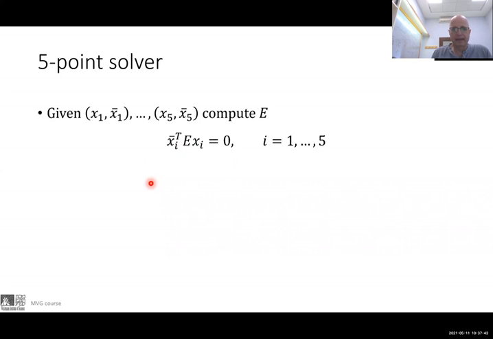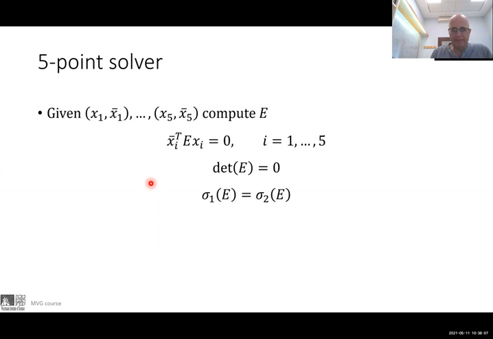And we also have the constraint that the determinant of E is 0, and that the 2 non-zero singular values are equal.